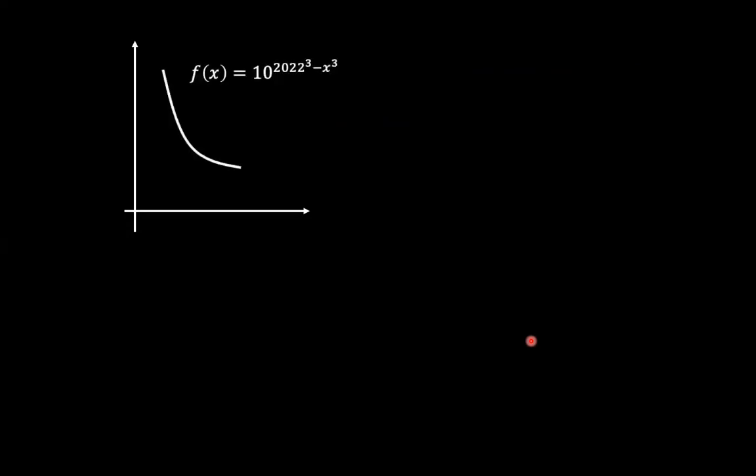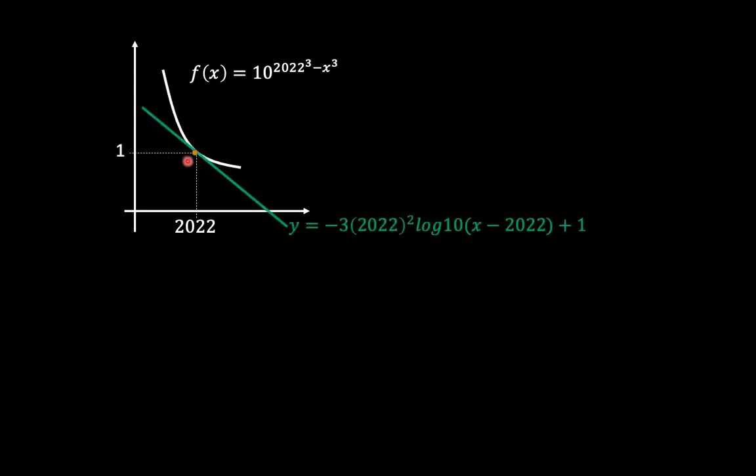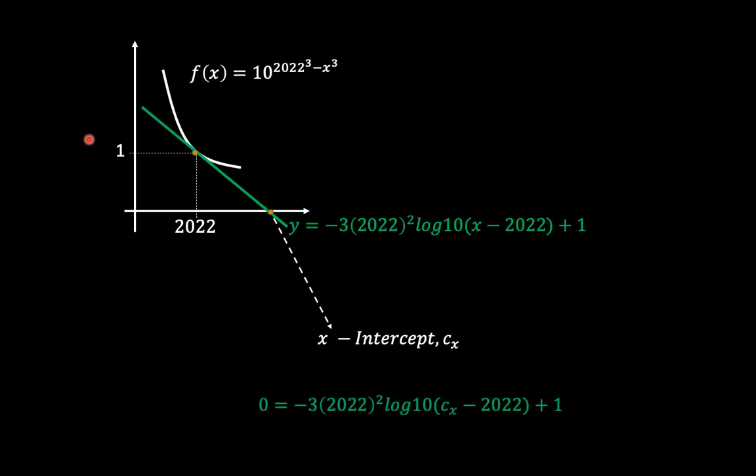And if we just do an illustration, if f(x) is equal to 10 to the power 2022 cubed minus x cubed, it is such a curve because as you can see, it's negative, and as x increases, it therefore decreases. So we have a curve like this, and at x equals 2022, definitely f(x) is 1. So the tangent at that point is something like that. And so the area under this tangent is definitely less than the area under the curve.